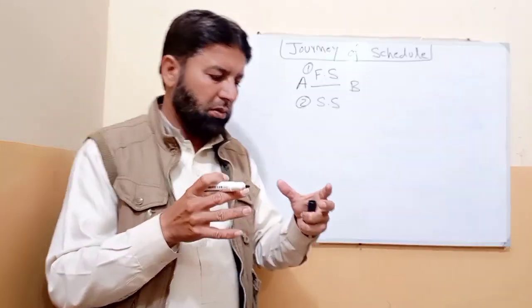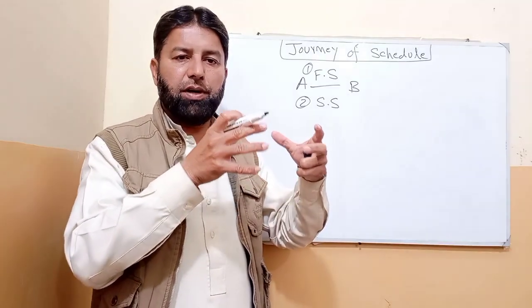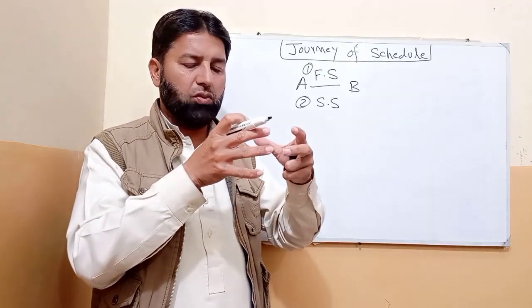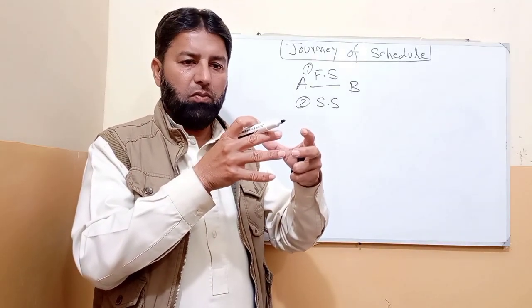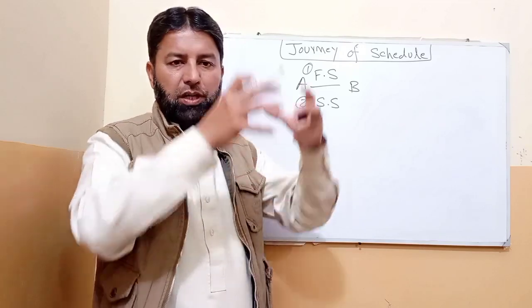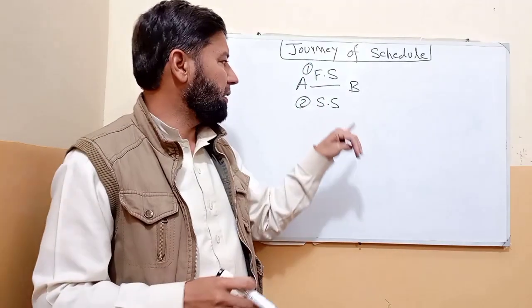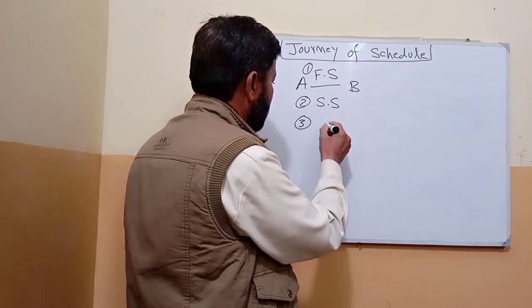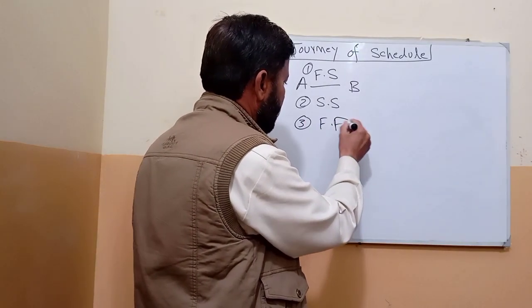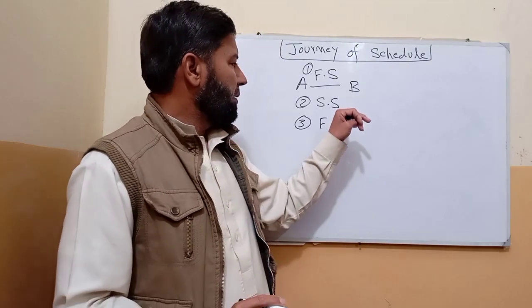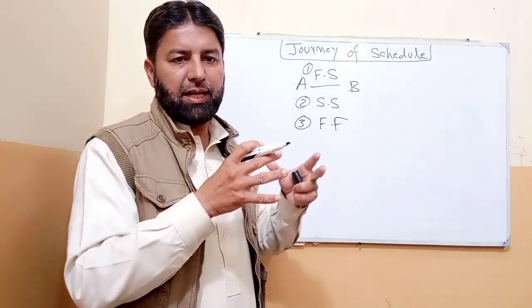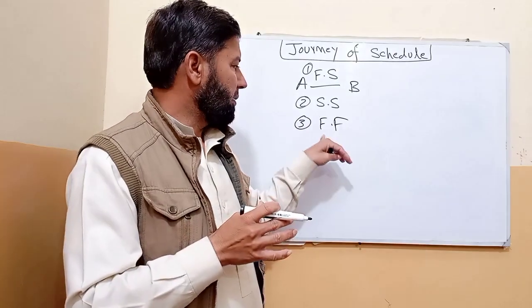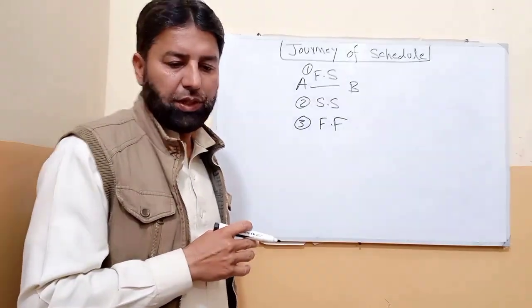For example, we have a half shell for a penstock and we want to start the fit up. We start the fit up of both joints simultaneously. That is start to start. And the third relationship is finish to finish. The fit up of both joints will finish at the same time. Then we call it finish to finish.